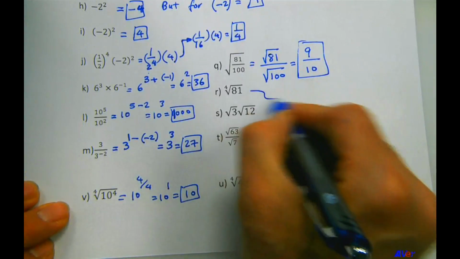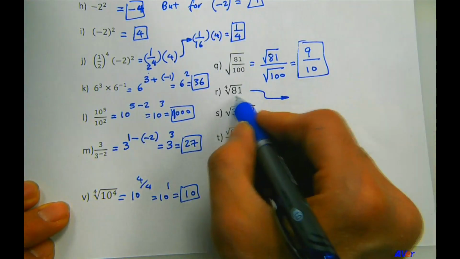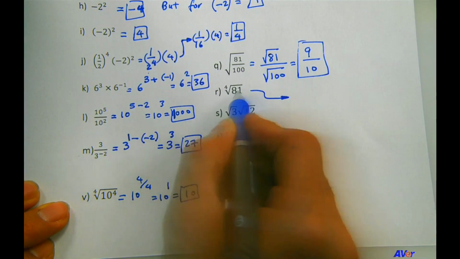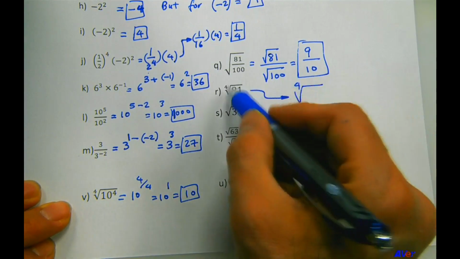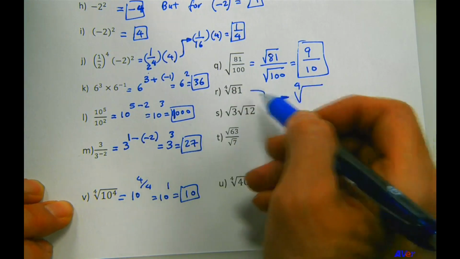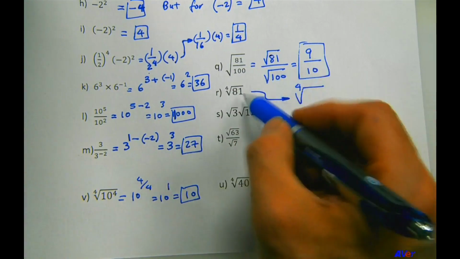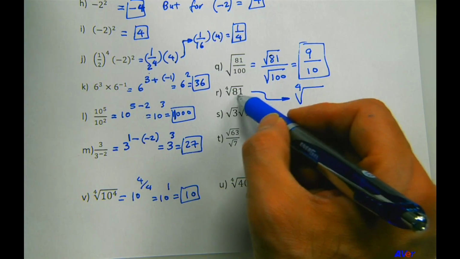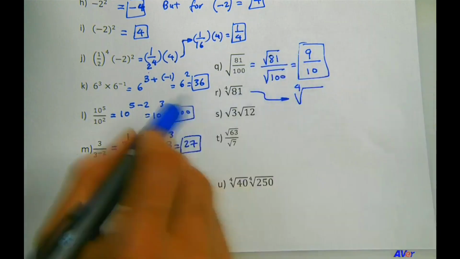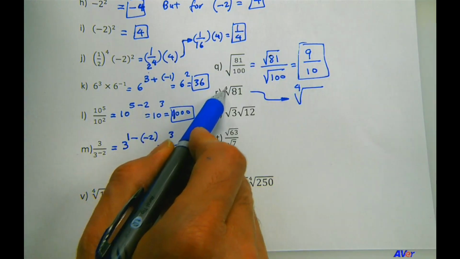This one, square root of fourth root of 81. Whenever you have the nth root of something, see if you can rewrite what's inside the radical, the radicand, in terms of an exponent that is equal to the index, in this case 4.